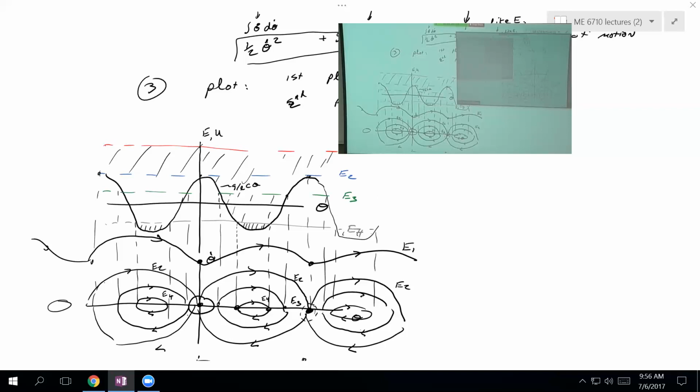Actually, any of these are fine. It has 0 displacement and 0 velocity. That's what I'm trying to say. At this point, I could either go off this way or it could go off this way, right? This guy comes to 0 velocity and he has to continue on.